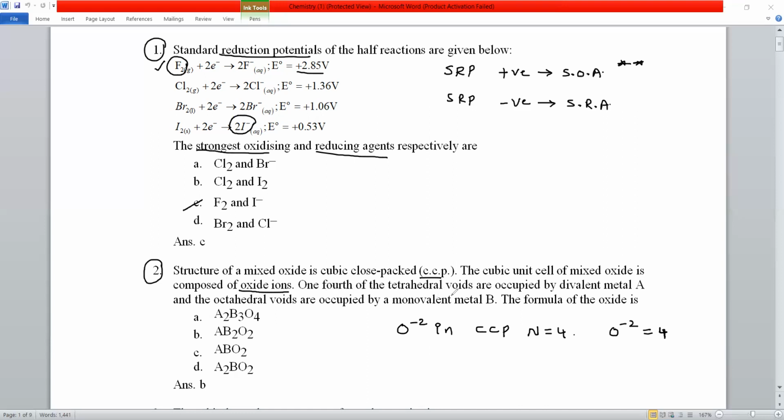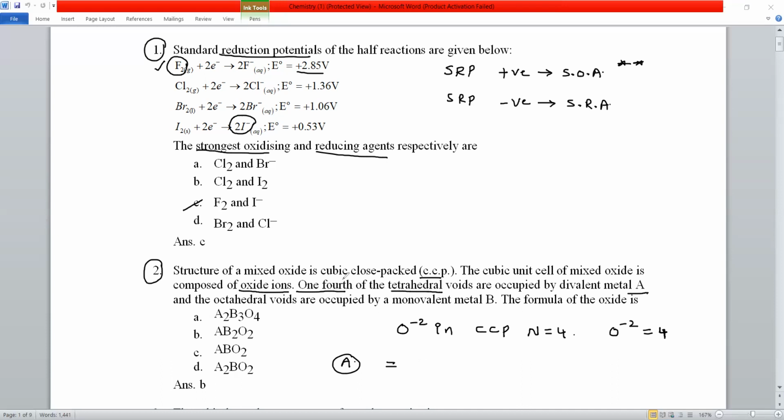Then one-fourth of the tetrahedral voids are occupied by the divalent metal cation, metal A. So what is A? The formula for tetrahedral voids is 2N, right?